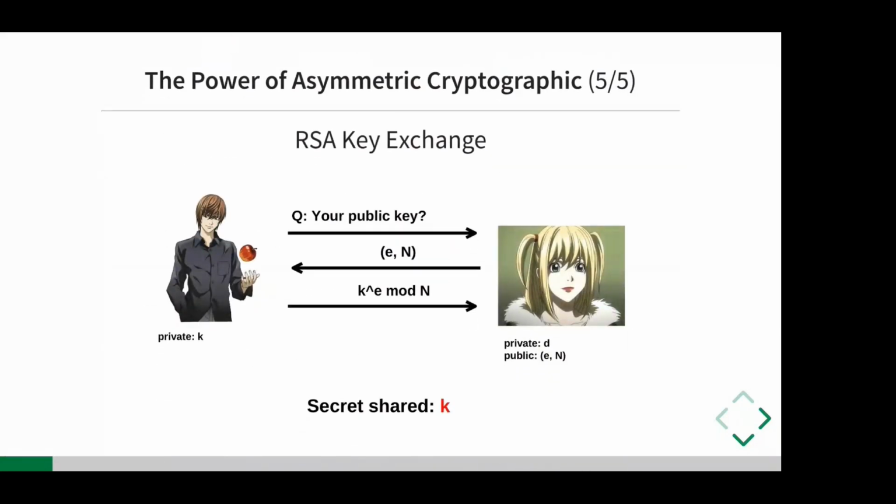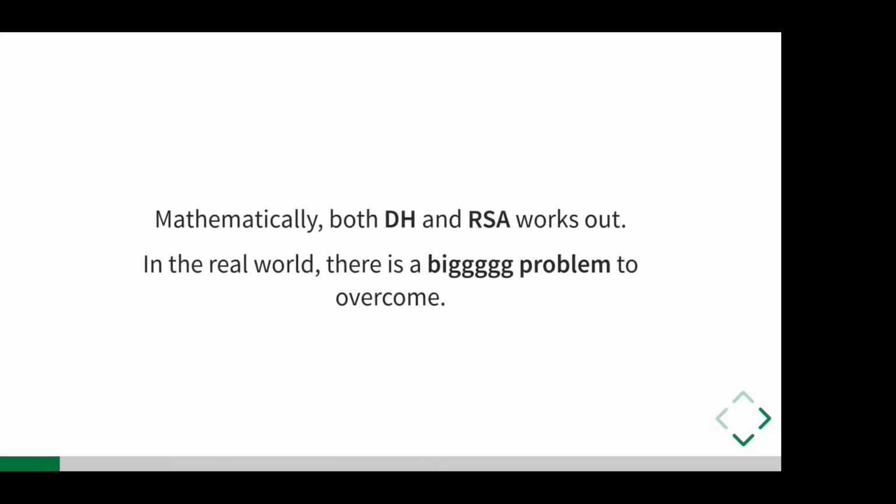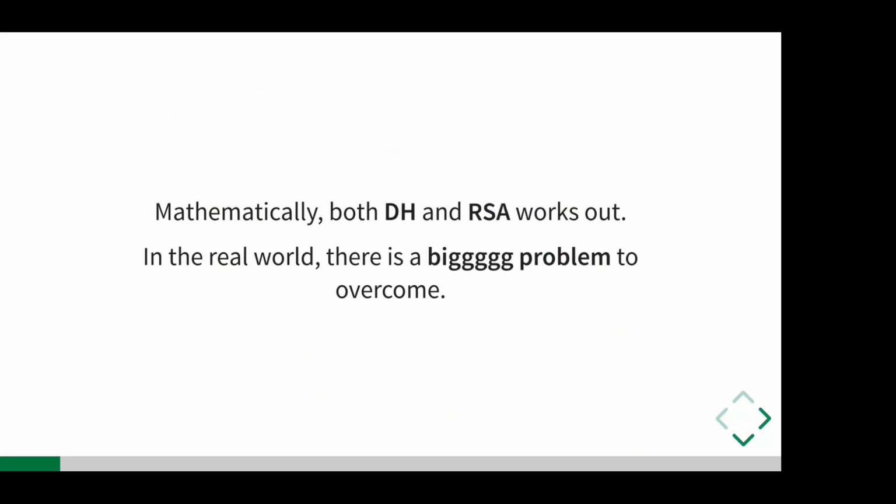Now with RSA, first you ask for the public key of the individual you want to communicate with. He sends his public key, and then you encrypt your secret using the public key of the receiver. Now, this works out mathematically.